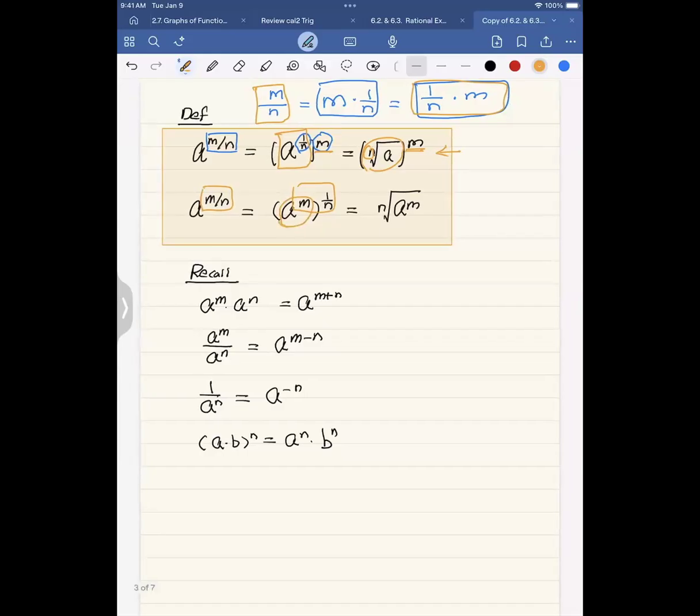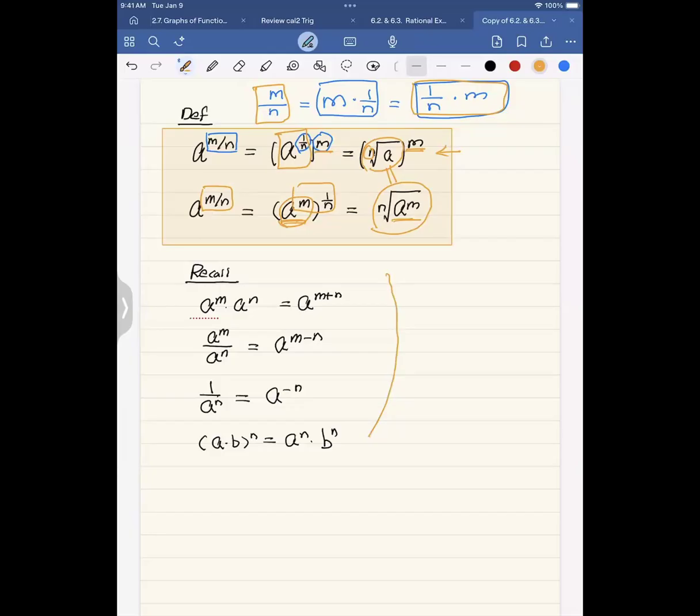So 1 over n power can be written as the nth root of the radicand. This time the radicand will be a to the m power. So those two are the same. These are the things we learned previously.